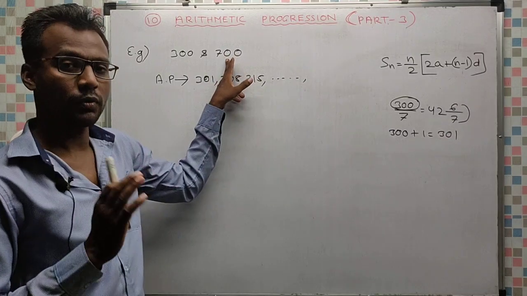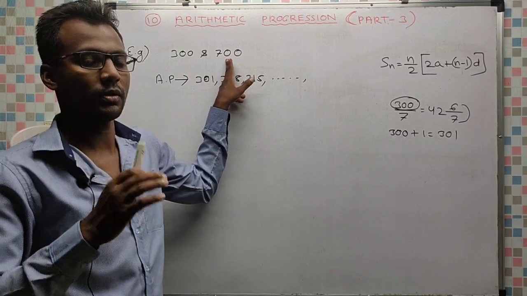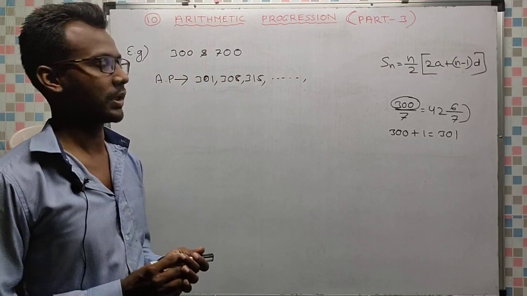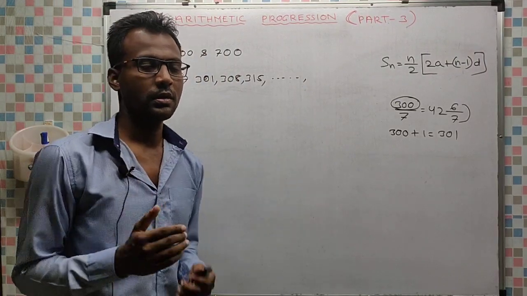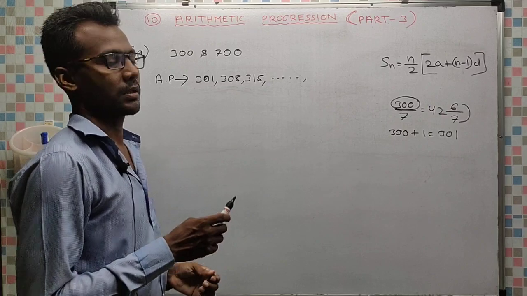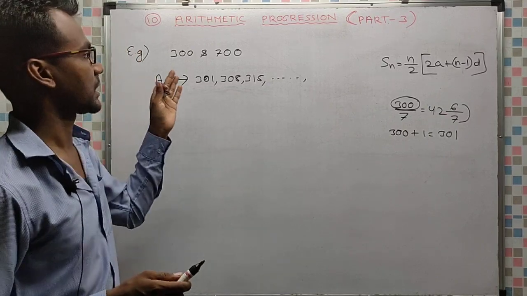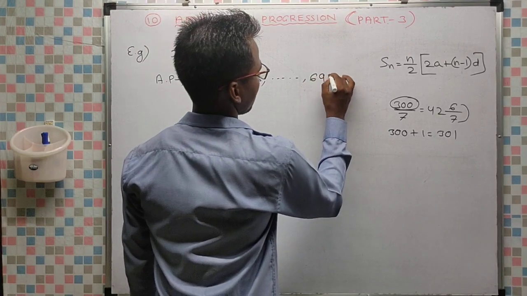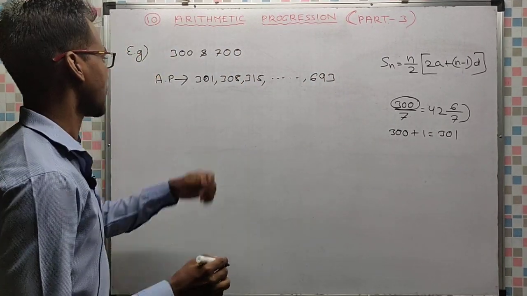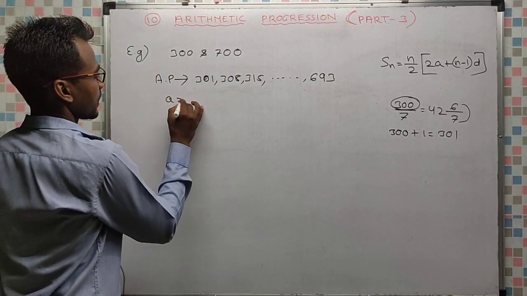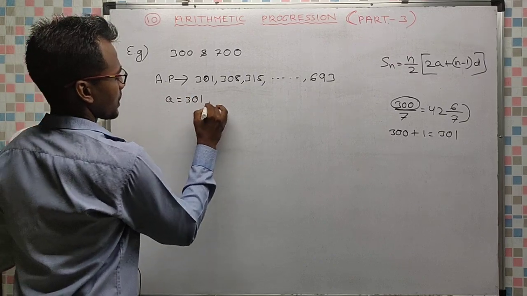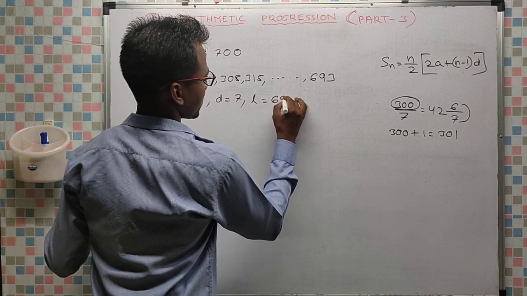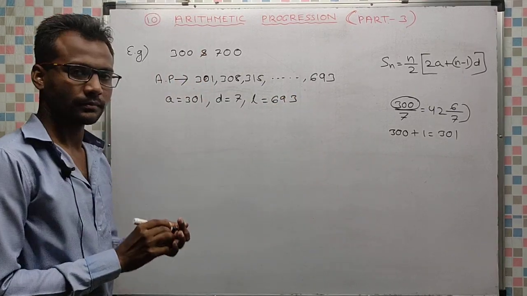But 700 is a multiple of 7, still we will not take it because we want the numbers between 300 and 700, not including them. So just below 700, the last multiple of 7 is 693. So this is the AP. Our A is 301, our D is 7, our L is 693.